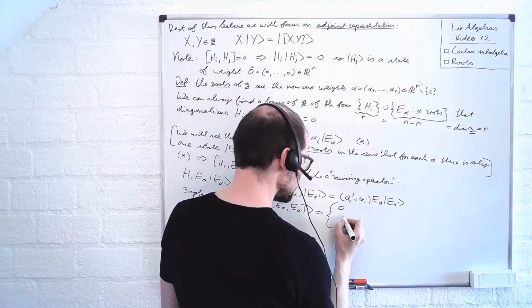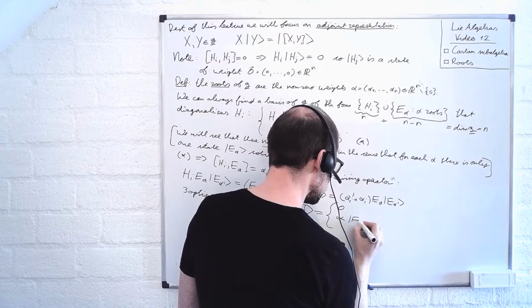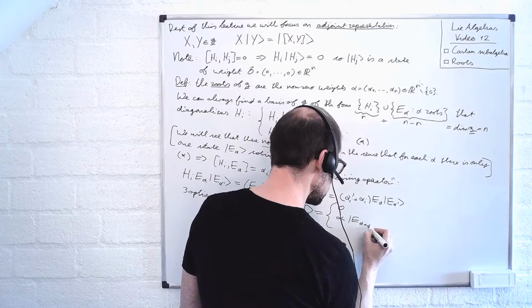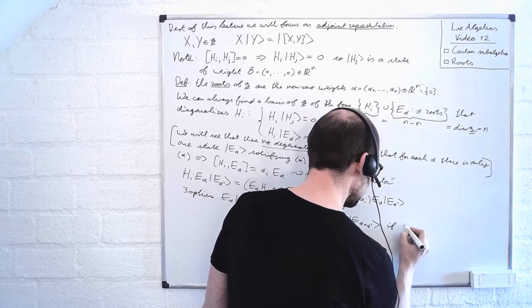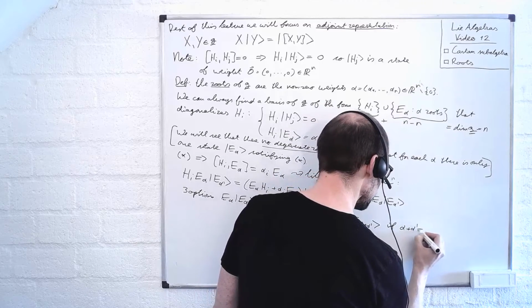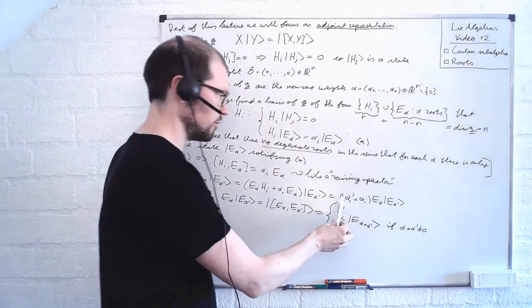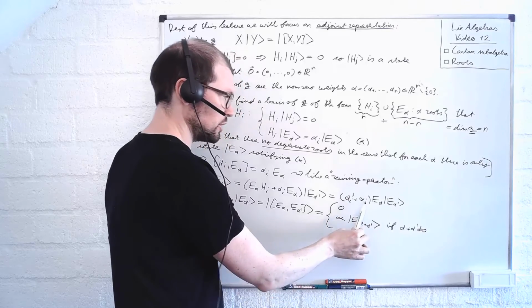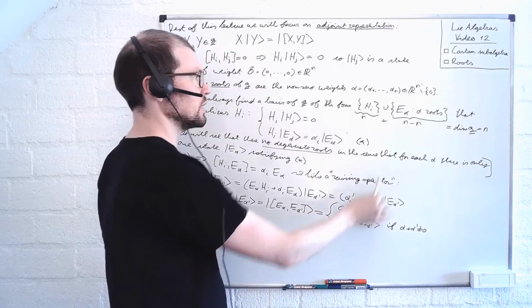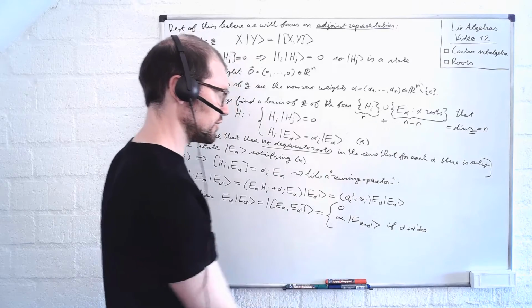It could be proportional to a state E of alpha plus alpha prime if alpha plus alpha prime is not equal to 0. So if alpha plus alpha prime is not equal to 0, then that means that this must be a root. So there must be a corresponding basis vector, E alpha plus alpha prime.